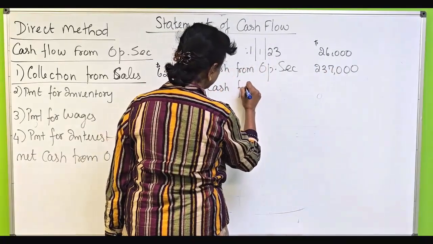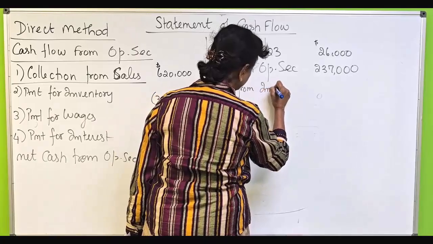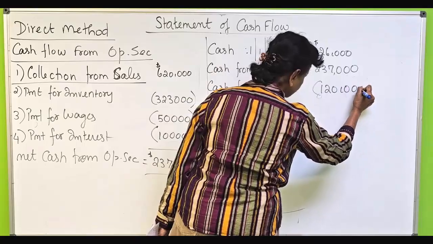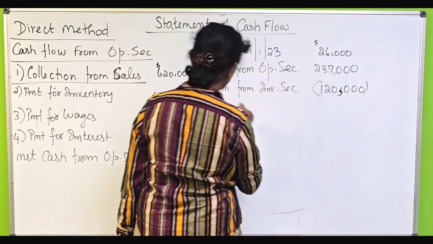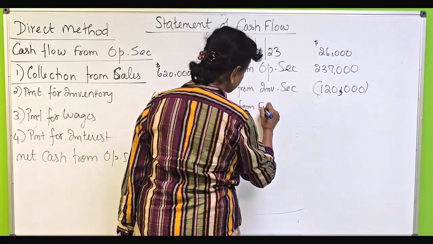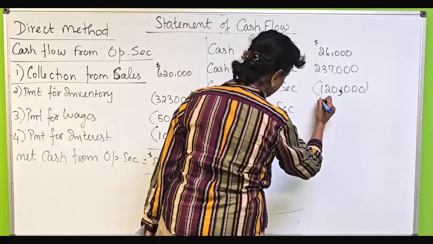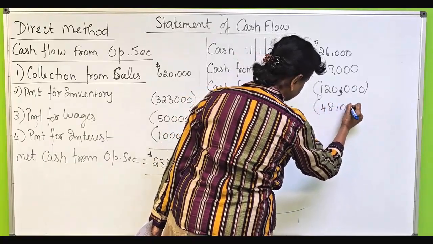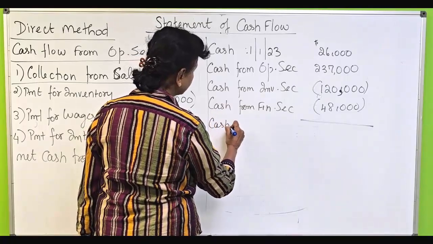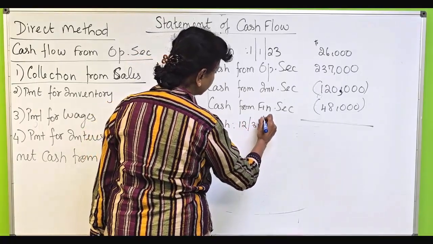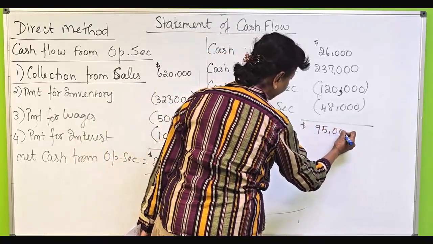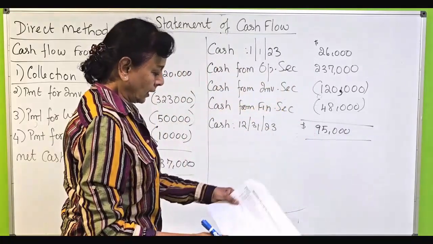Cash from investing section, negative $120,000. Cash from financing, negative $48,000. Finally, cash balance on December 31st of 23 would be $95,000.